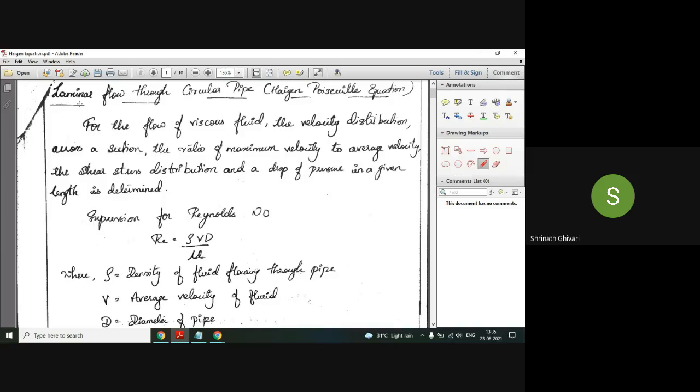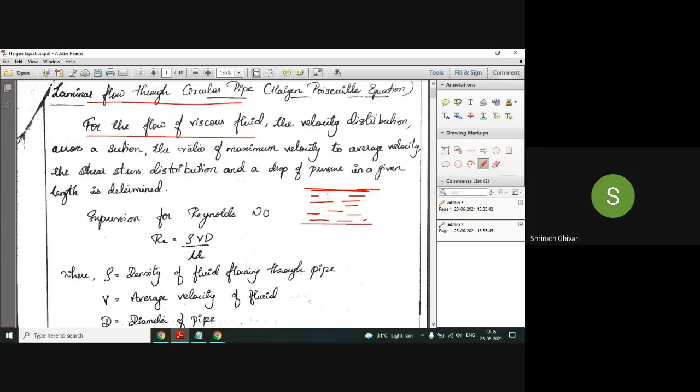The heading is laminar flow through a circular pipe. There is a circular pipe through which the fluid is flowing in a laminar way. For the flow of a viscous fluid, as I have said, laminar flow means the fluid is viscous.